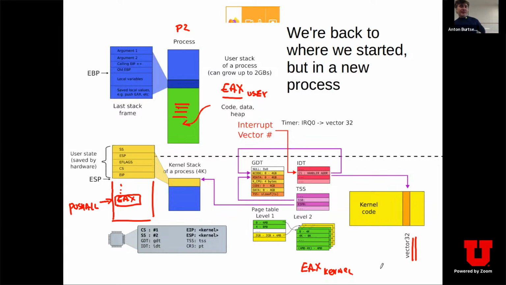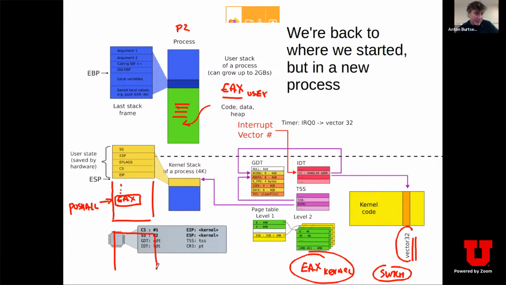No, imagine we entered the switch function. Before we started executing vector 32 and got to switch, EAX was probably used by the kernel. Do we save this value, and where and how? In the context which we pushed here?